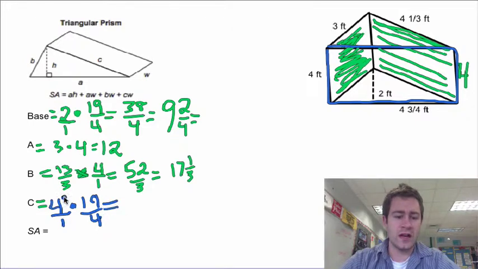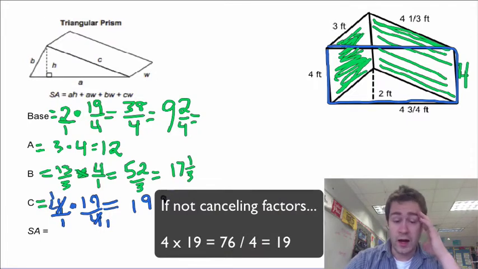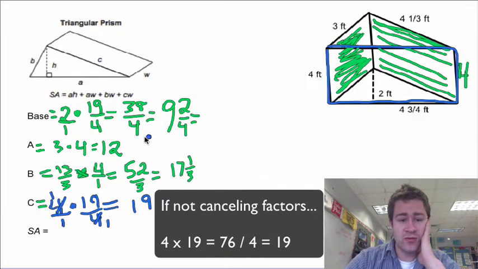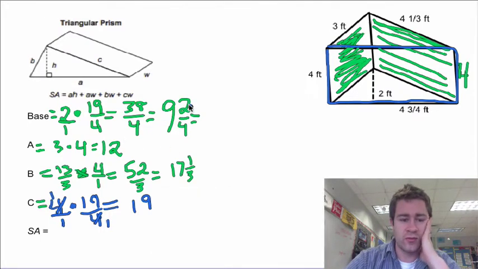And if I do cross cancel of factors, I can take out 4 out of the top and the bottom and end up with 19. Okay, so now I have my 4 areas: 9 2/4, 12, 17 1/3, and 19.